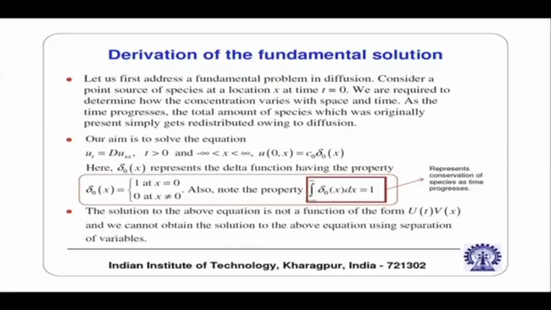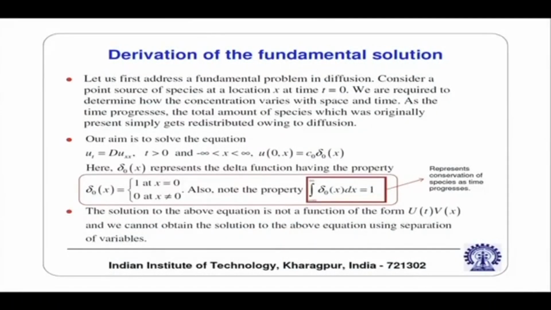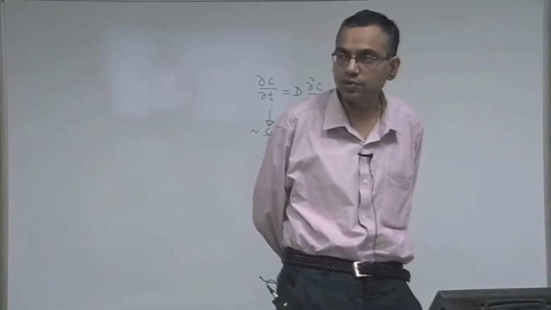Now, if you are interested to solve this equation, then the solution to the above equation is not a function of the form of a function of t into a function of x, not like the standard method of separation of variables. Typically because there is a similarity variable here, one can use a similarity transformation, but for a point source of this kind where you have a delta function to work with, it is better to use transform calculus instead of using a simple similarity transformation based technique.